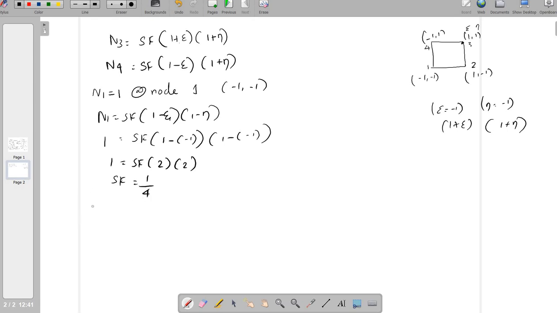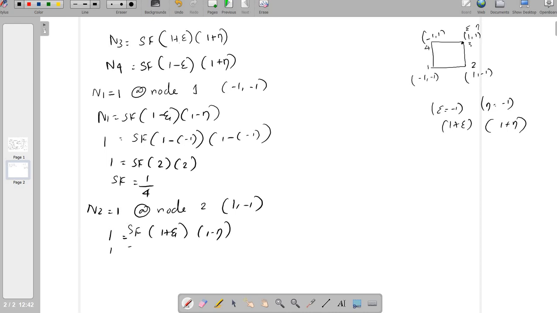If you substitute for n2 equal to 1 at node 2, you will get the same answer, because we follow a symmetrical representation. Node 2 is 1 comma minus 1. So for node 2, the equation is 1 equal to scale factor of 1 plus epsilon, 1 minus eta. This is the equation for n2.